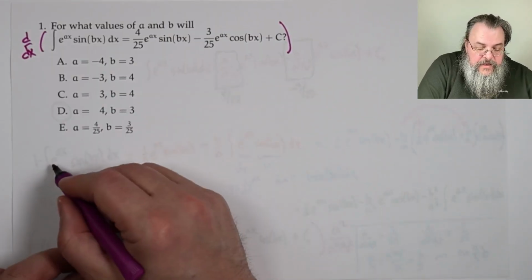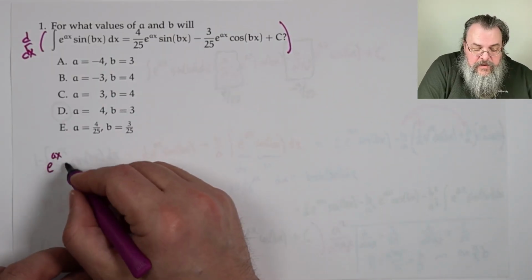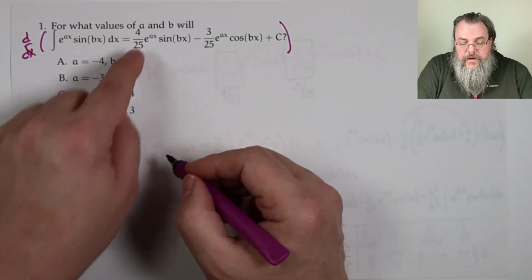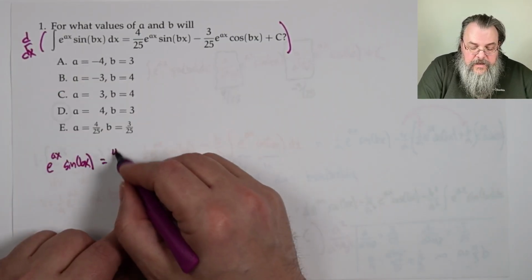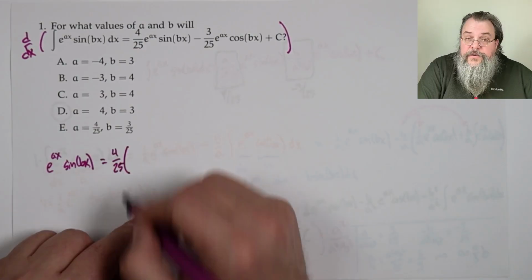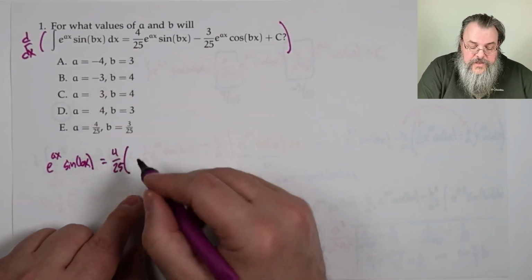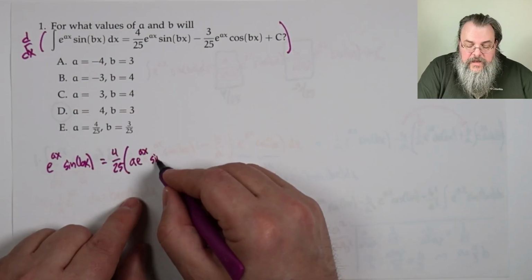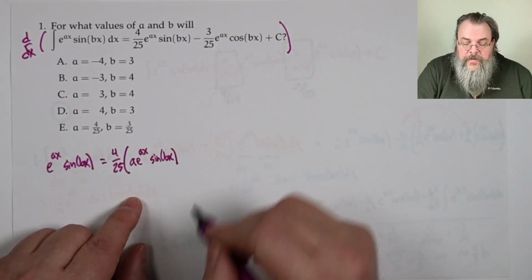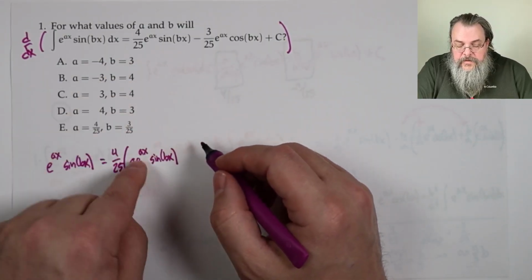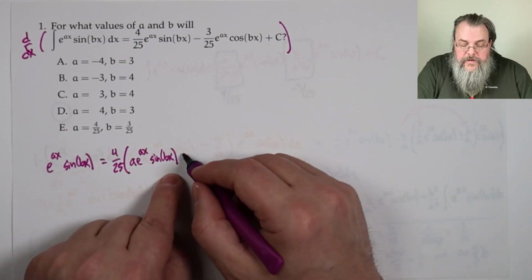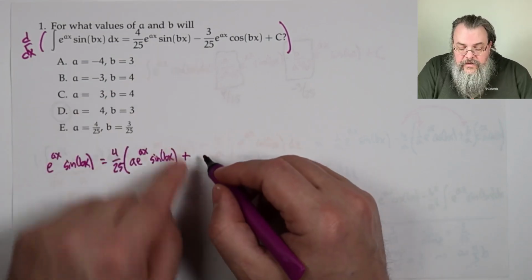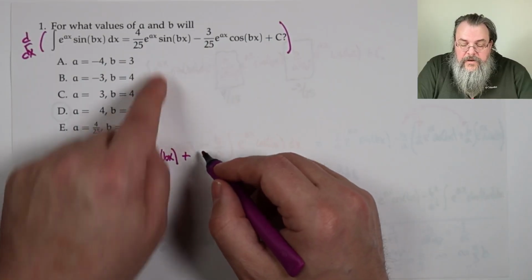So we have that e to the ax sine of bx is equal to 4 over 25, and now product rule. So derivative of the first, a e to the ax sine of bx, and then derivative of the first times the second, plus the first times the derivative of the second. Well, the derivative of sine is cosine, and then it'll be cosine bx times b.